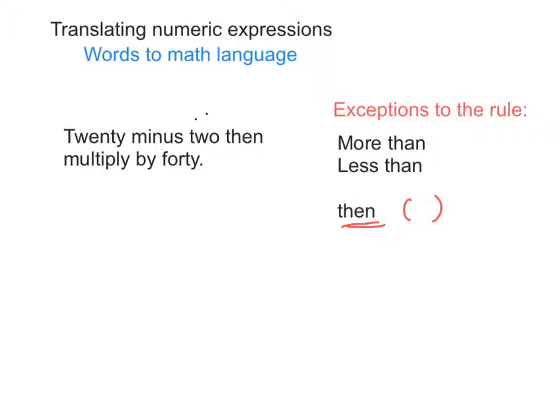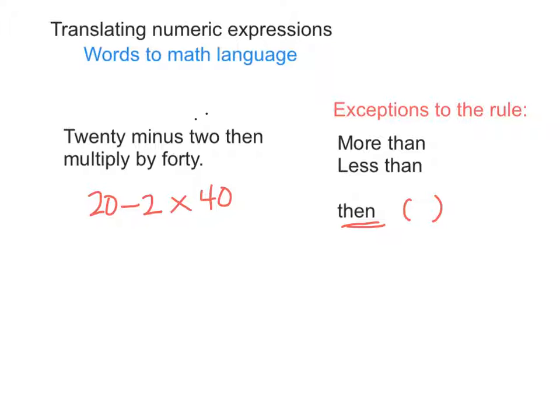20 minus 2, then multiply by 40. They want you to do 20 minus 2 first, then you're going to multiply by 40. So if you just wrote it out without the parentheses, order of operations would tell you to do multiplication first, and we are not supposed to do that based on what they say. What they want us to do is do 20 minus 2, then multiply by 40.